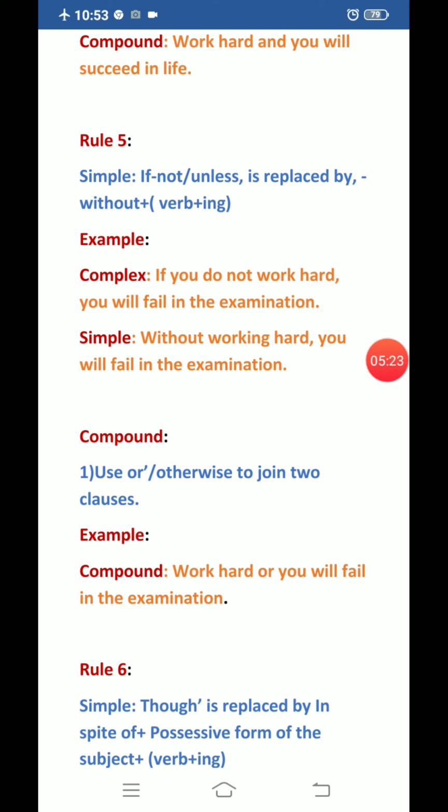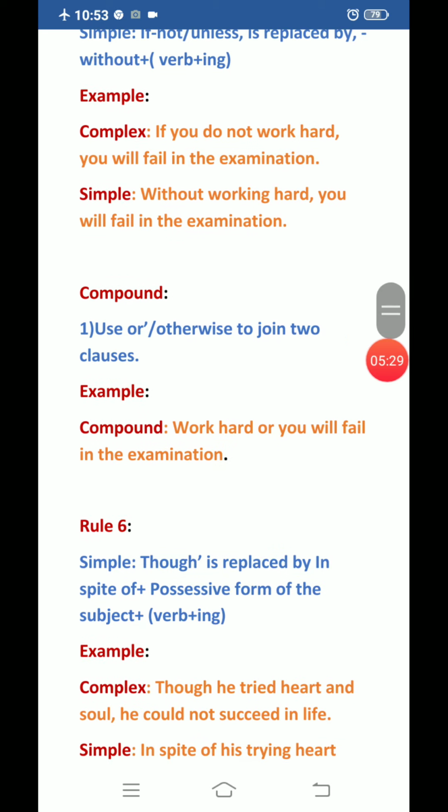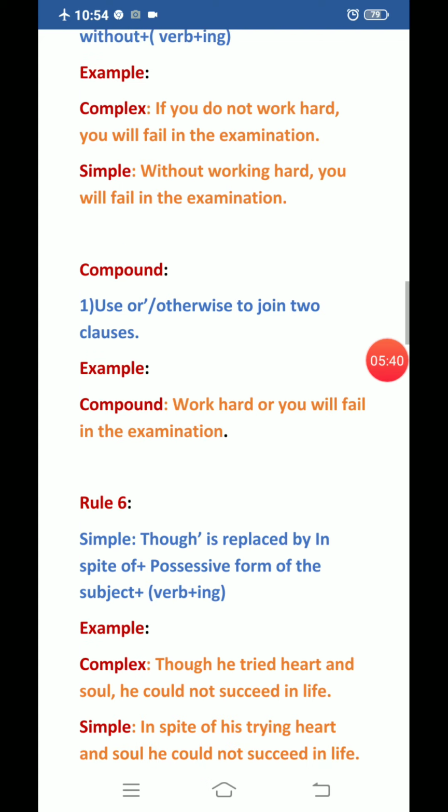Simple sentence: without working hard, you will fail in the examination. Compound sentence rule: use or, otherwise to join two clauses. Example: work hard or you will fail in the examination.